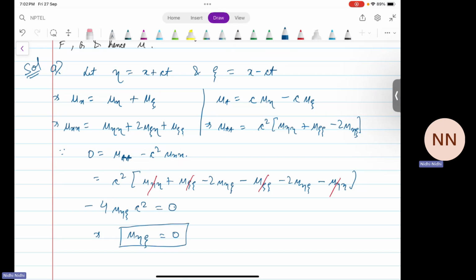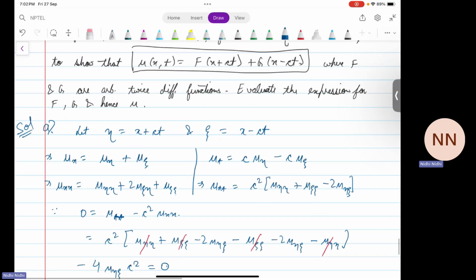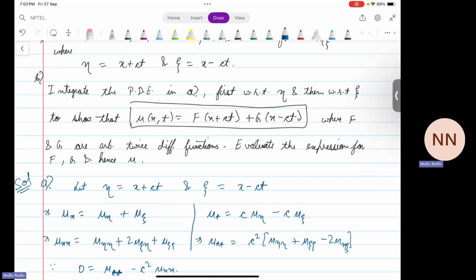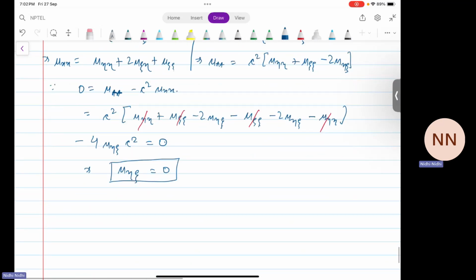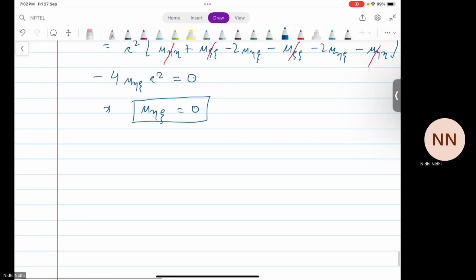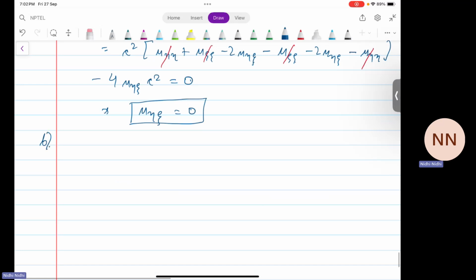Now the B part says that we need to integrate the equation firstly with respect to eta and then zeta. Let's start with this B part. So from here we have del by del eta of del u by del zeta is equal to 0.